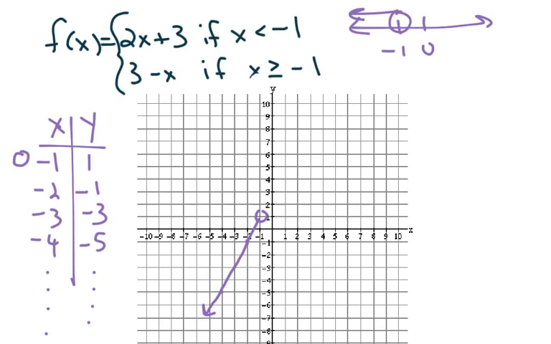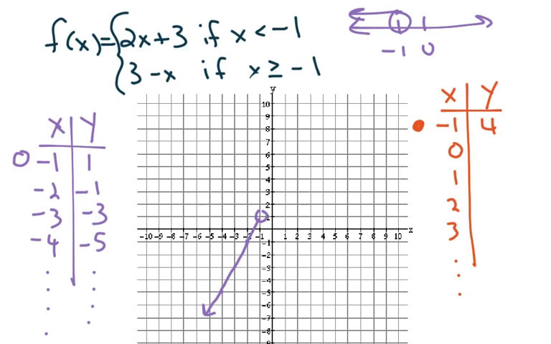The other graph, 3 minus x, exists where x is greater than or equal to negative 1. Greater than or equal to means a closed circle. So we start with negative 1 with a closed circle, and then the numbers greater than that are 0, 1, 2, 3, and so on. When I plug in negative 1, 3 minus negative 1 is 4.